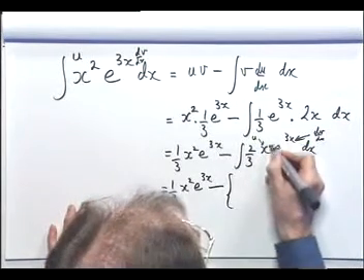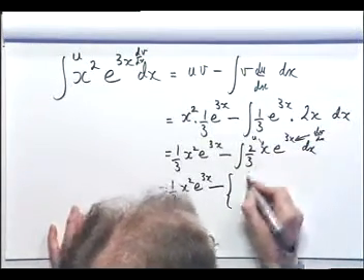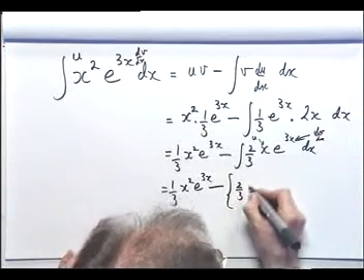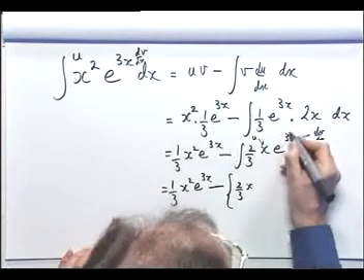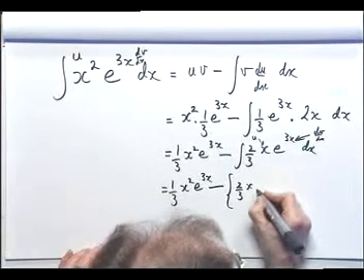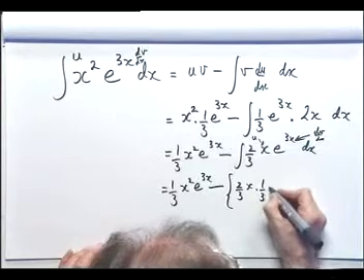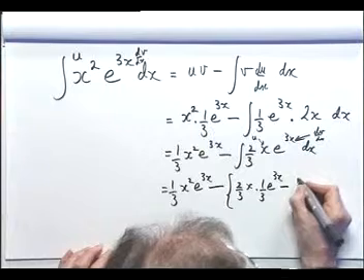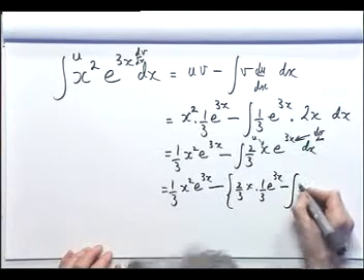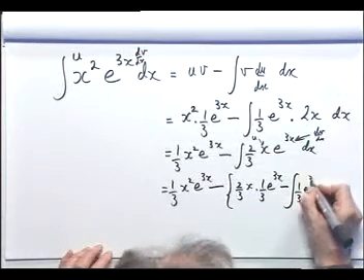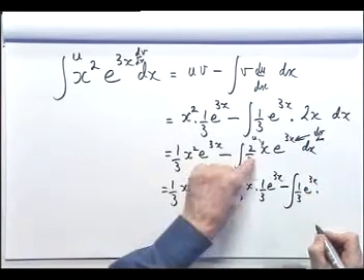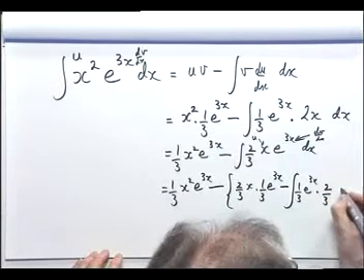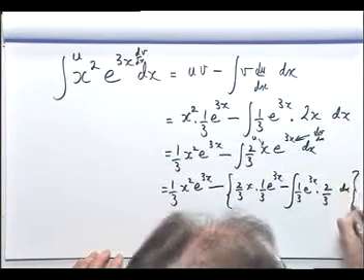So we've made our choice that this here will be u, and we want uv, so that's 2/3 of x. Now this is dv by dx, and we need to integrate it, so that's 1/3 e to the 3x minus the integral of 1/3 e to the 3x times by, and we want the derivative of 2/3 of x, which is just 2/3 dx, and close that bracket.